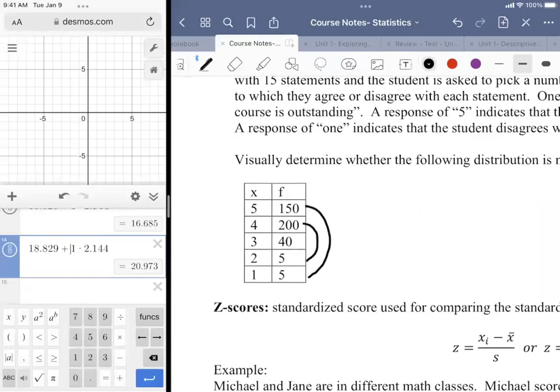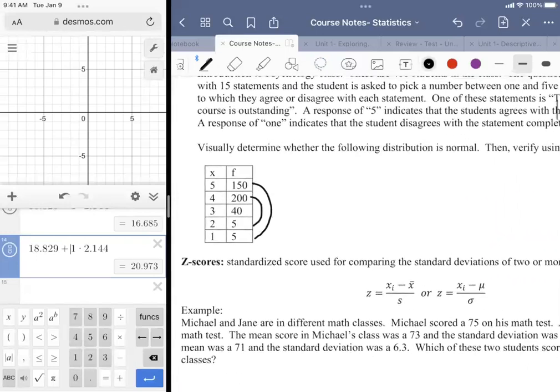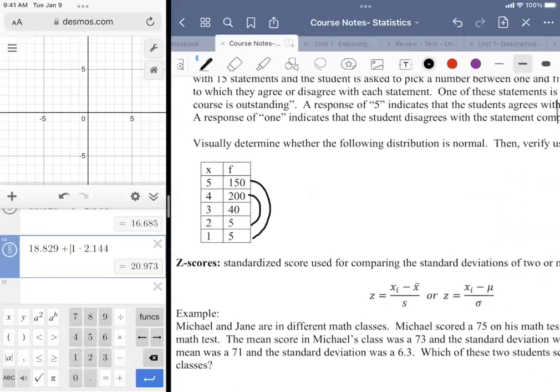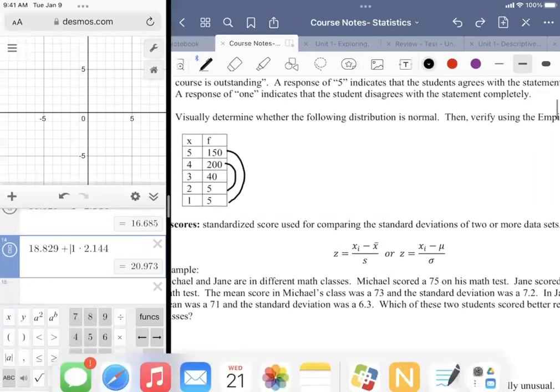These two numbers should be in the same neighborhood. If they're not, it's probably not a normal distribution. But it is possible that they jumble up the X values so crazily that you don't realize it is symmetric. It's just that if I put it in order, I'd see that. So let me go to NumWorks.